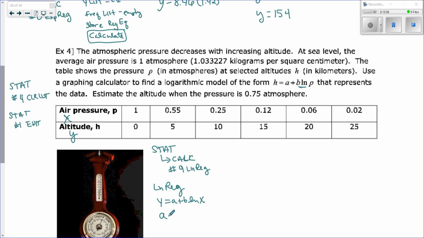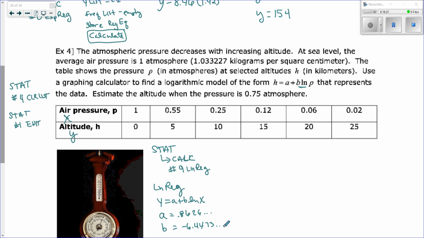And a in this case is going to be 0.8626, and a couple more, and b is going to be negative 6.4473, blah, blah, blah.